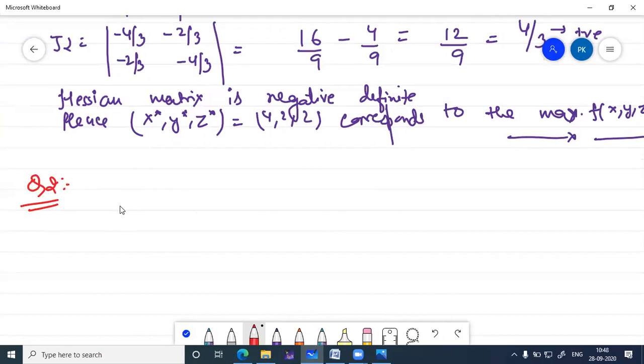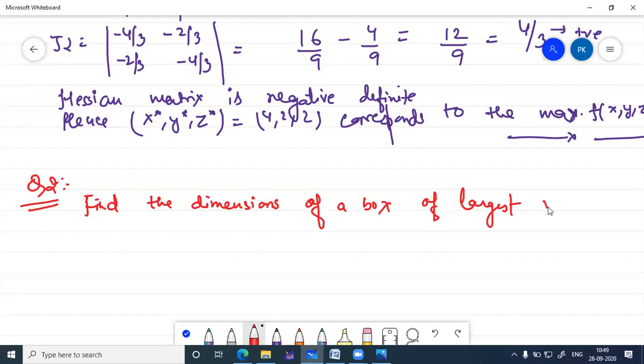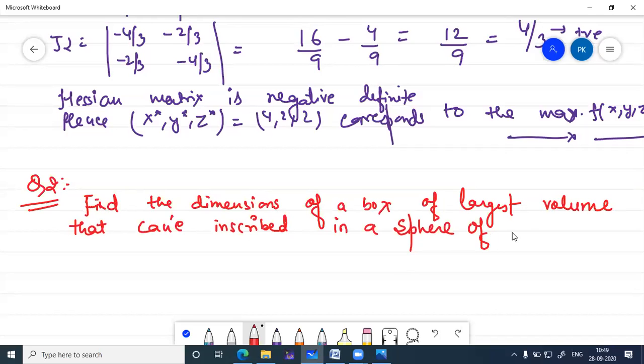Find the dimensions of a box of largest volume that can be inscribed in a sphere of unit radius.